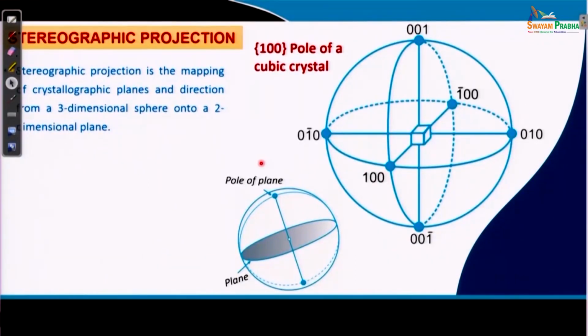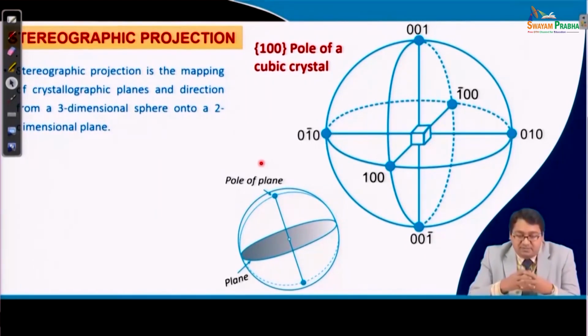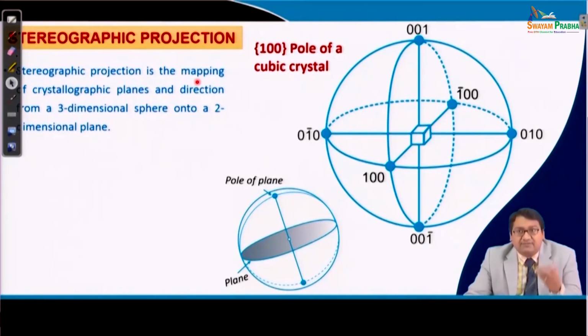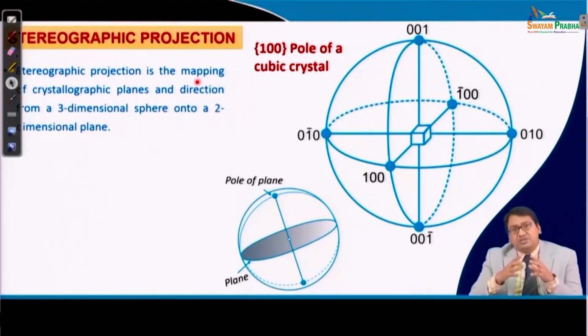So, here we come, as we understood the crystal structure, to the stereographic projection. You see, stereographic projection is a mapping of these crystallographic planes and directions from a 3-dimensional sphere to a 2-dimensional stereographic projection, or you can say from a 3-dimensional stereogram to a 2-dimensional stereographic projection.